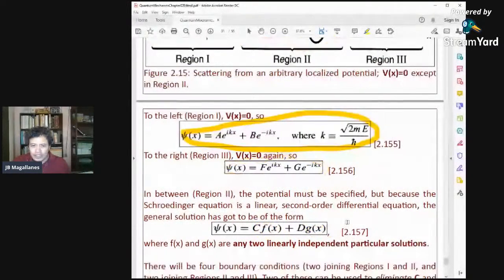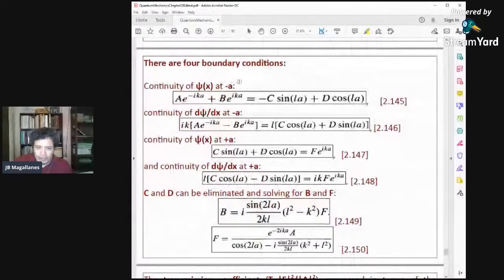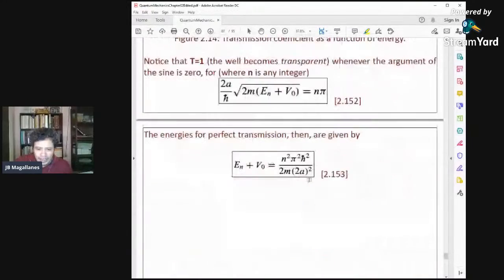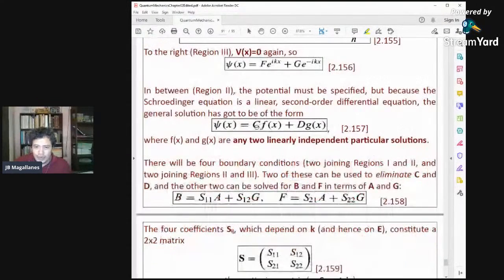Now, doing these boundary conditions that we have at some boundary, we can eliminate C and D in this case, and we'll be able to solve for B, and of course we can solve for F. In the usual scattering experiment, G is now not 0.